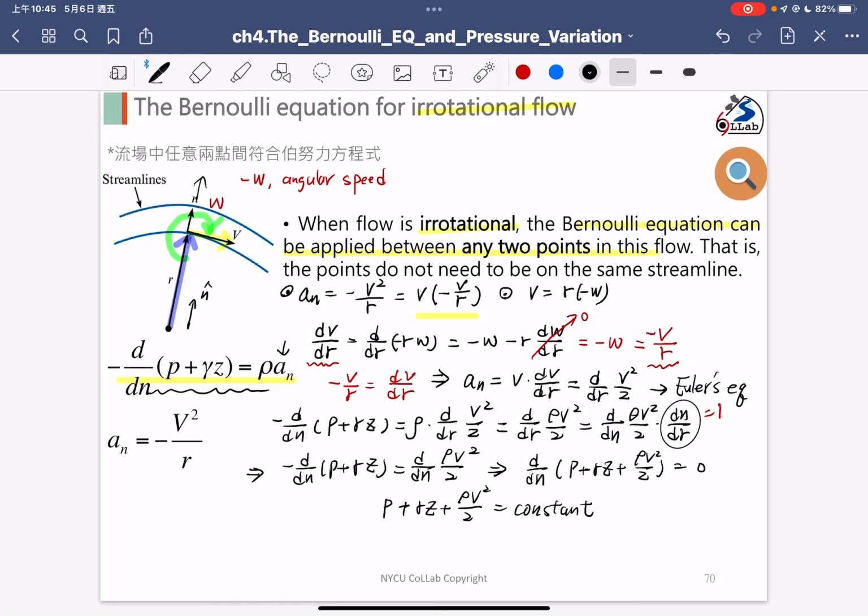That indicates that along the straight line, any two points, and along the normal component, any two points, all satisfy the Bernoulli equation. But only under irrotational flow do these conclusions hold.